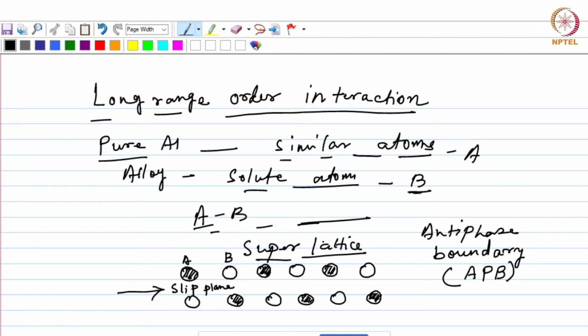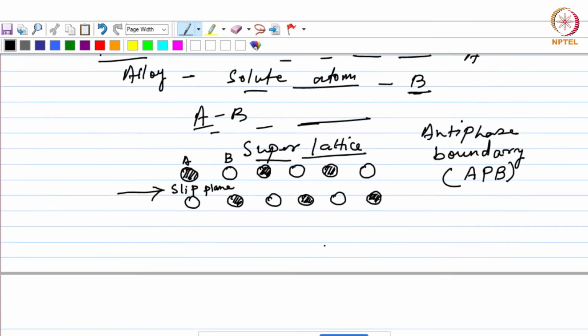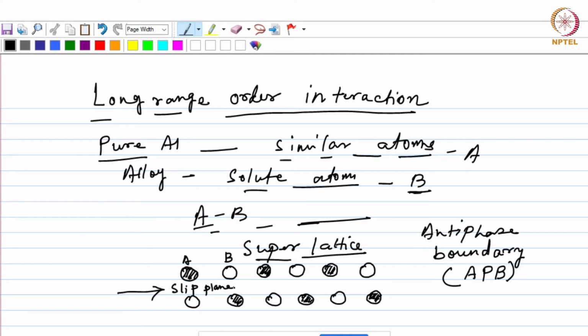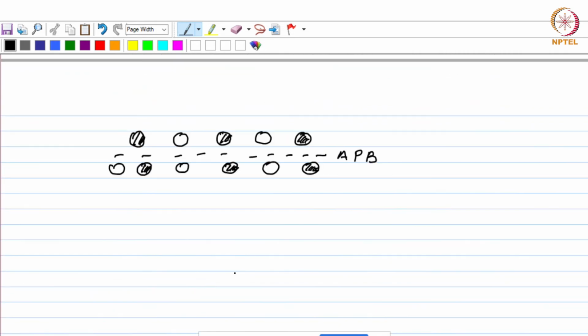Okay, so across this boundary, if you see now, the arrangement has changed because due to the motion of the dislocation through this domain, this antiphase boundary has been introduced, and across this, similar atoms will face each other, unlike the superlattice in which dissimilar atoms face each other. Okay, so that's the change which the antiphase boundaries will bring.